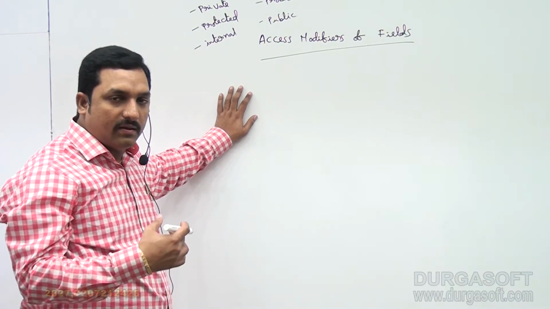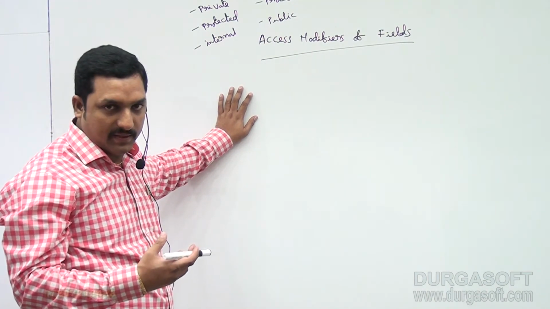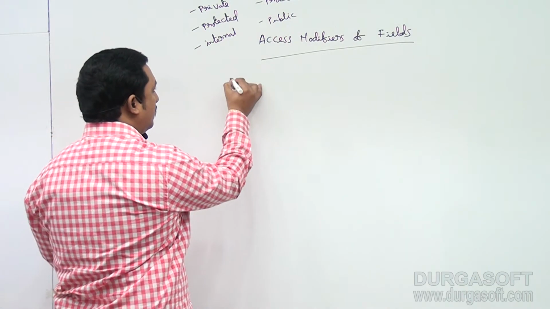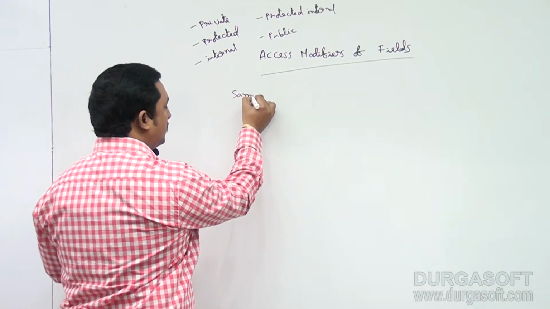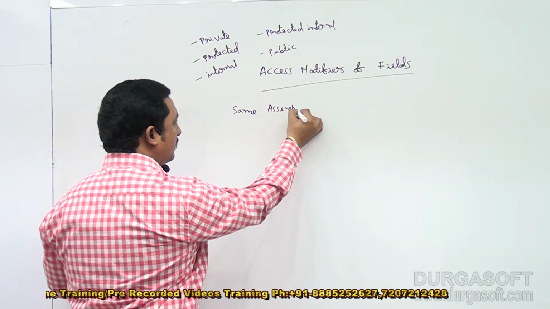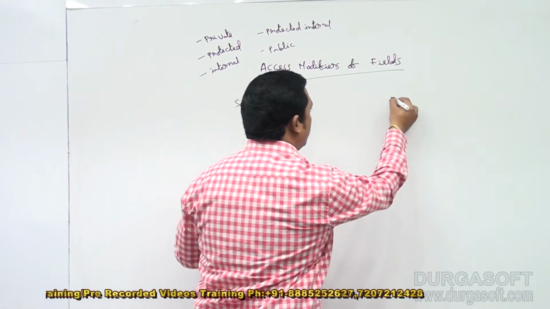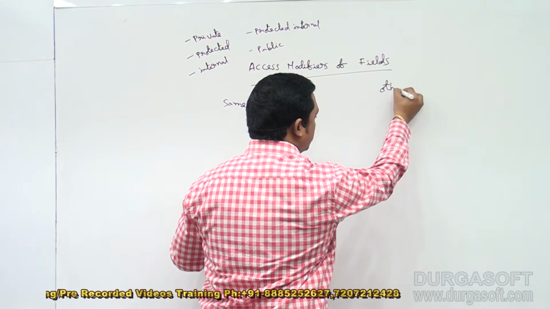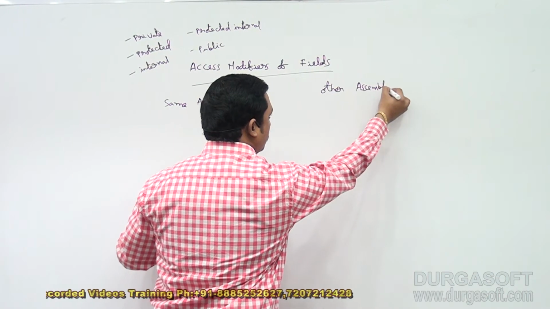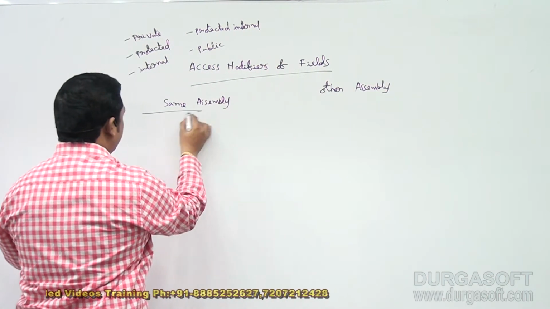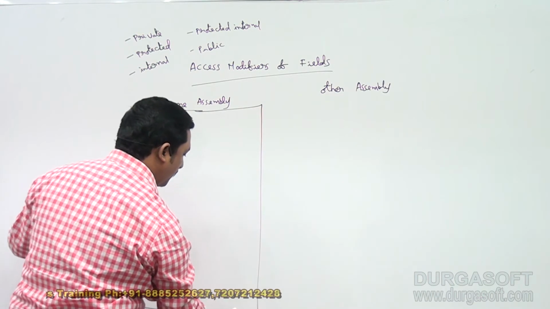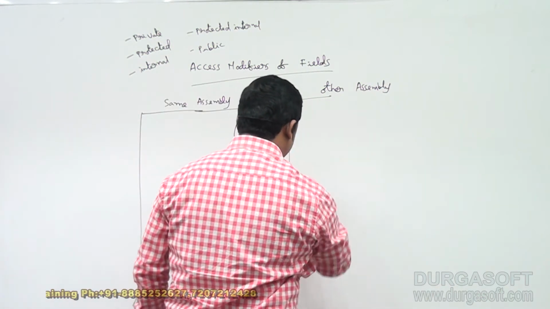Then how are these particular things accessible? Let's try to check. We have 2 things: same assembly, other assembly.